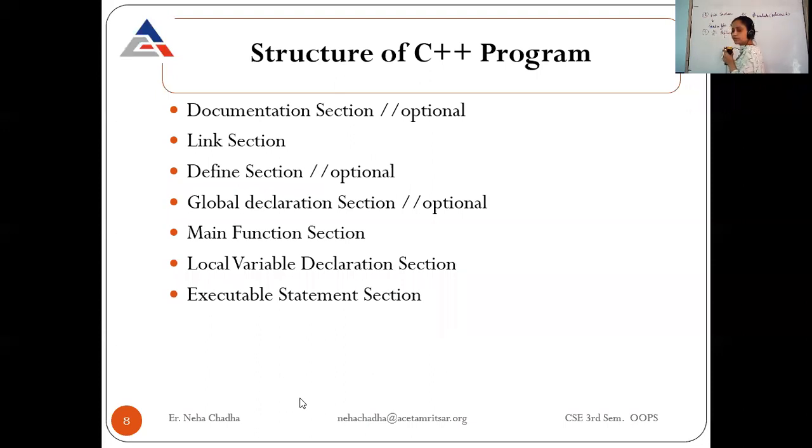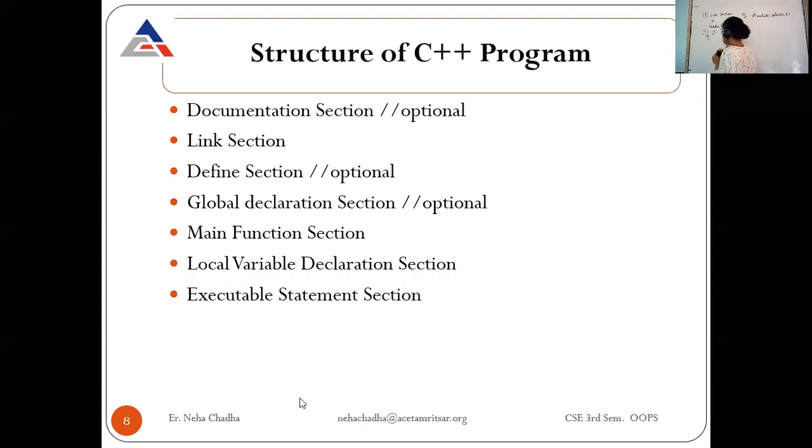Then instead of writing the value 3.14 again and again, you will define it as #define pi 3.14. That means when you are going to use it, I'm giving a rough example here. You will write #define pi. You can use any name here, whatsoever the name of the variable you give in the define section, it will be used in the remaining program as such.